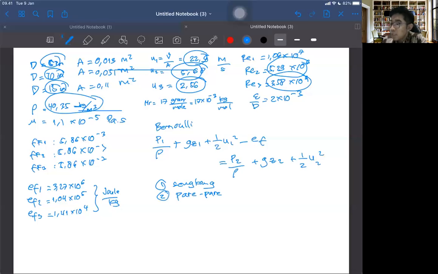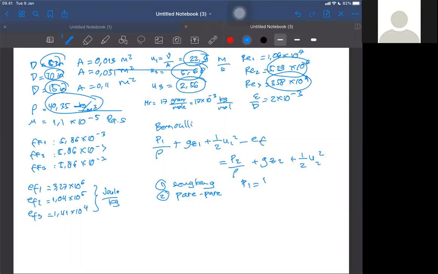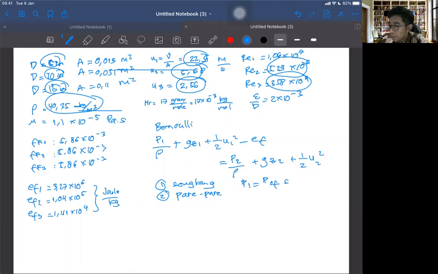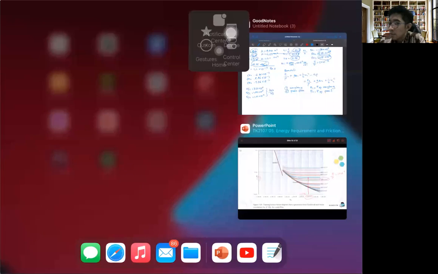What will be the value of P1? So P1 will be pressure of Sengkang, right? And P2 will be pressure of Parepare, the one that is questioned in the exercise.